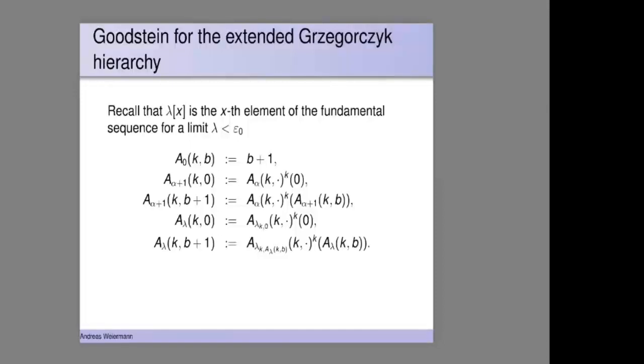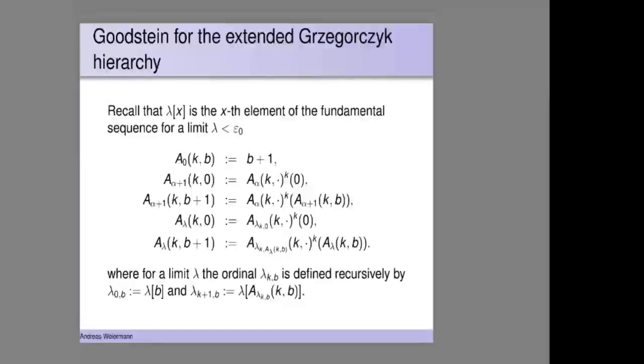Now, what are these indices? For limit lambda, the ordinal lambda kb is defined by nested recursion, namely lambda 0b. So the first argument gives the number of iterations. So lambda 0b is just lambda, the bth element of the fundamental sequence for lambda.